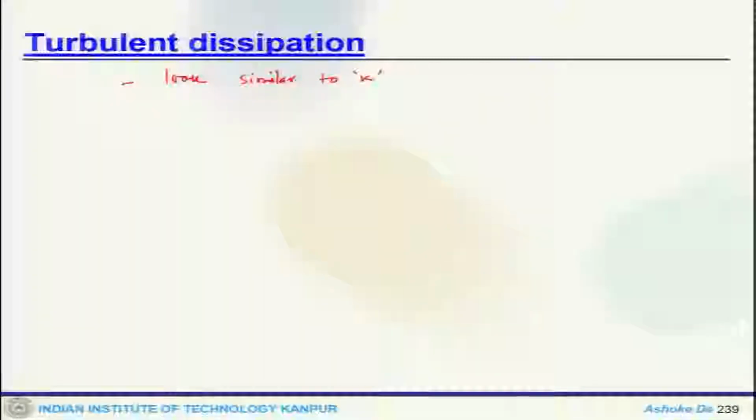And also, in the viscous dissipation there are terms which will be coming from the component due to viscous stresses and like that. So, we have to define the dissipation as 2 nu epsilon ij prime. So, this is per unit mass, because this is quite important.